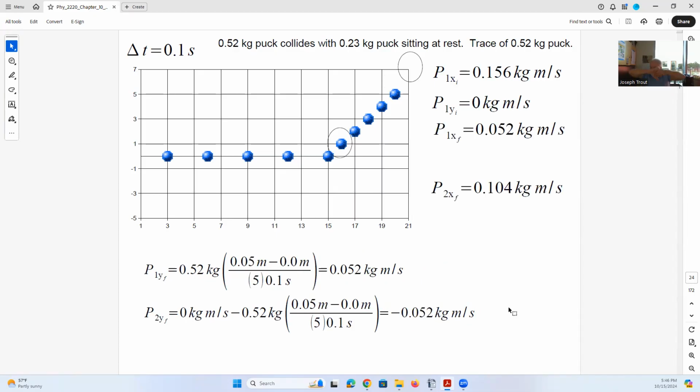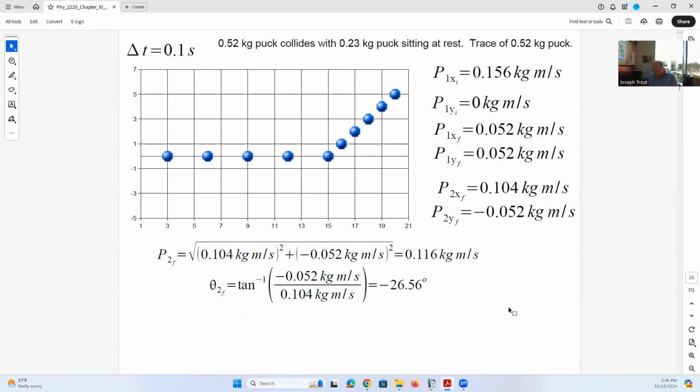And we can also figure out what the y components are. So we'll find out what the initial and the final components are for the puck that we see. And then we can figure out what the final momentum is for the puck we don't see, and we can figure out what the final angle is.